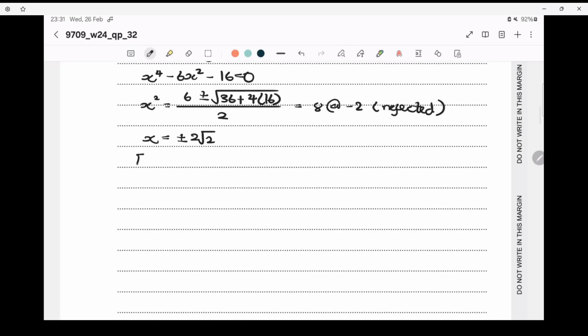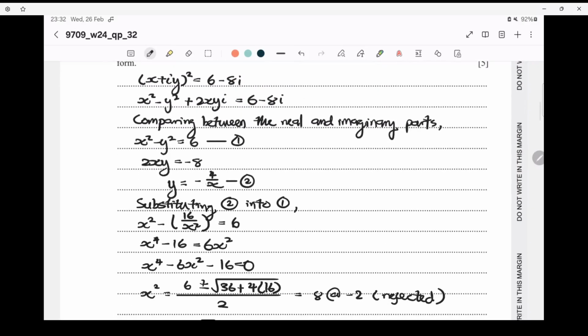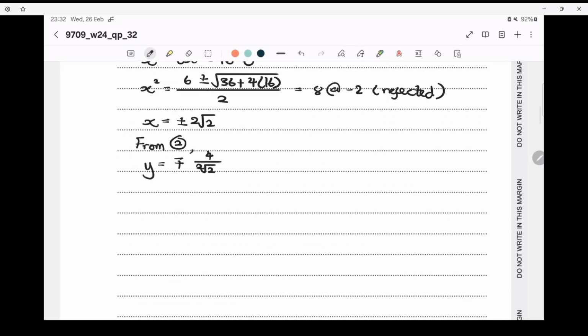So then from equation 2, y would be minus plus of 4 divided by 2 square root 2. So y is minus plus, because remember that y is the minus of 4 divided by x. So that's why the plus minus sign reverses. So in the end, when you simplify this, you will get minus plus square root of 2.